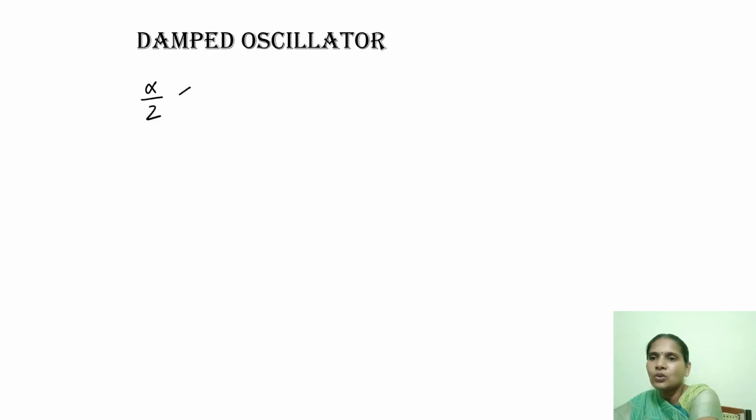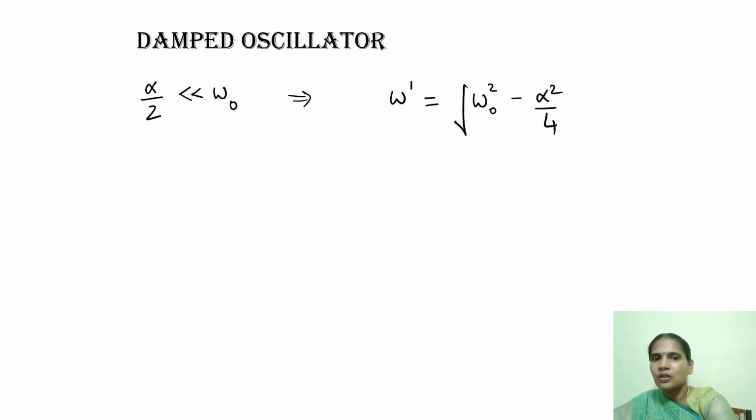So a damped oscillator is one in which the condition for oscillatory motion is met. So we have alpha by 2 small compared to omega naught, which implies the oscillator will oscillate with a frequency omega prime given as root of omega naught square minus alpha square by 4.